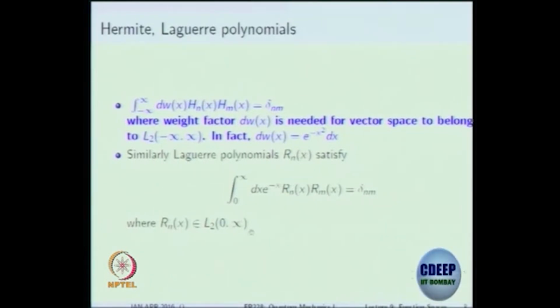Whenever you hit an infinity, you have to worry about the weightage factor in your orthogonality condition. Since it's hitting infinity on both sides, the weightage factor should be symmetric. Both at x plus or minus infinity, it should damp down. Here only when x tends to plus infinity, it should damp down. And if you want to look at L2 from minus infinity to 0, what will you do?